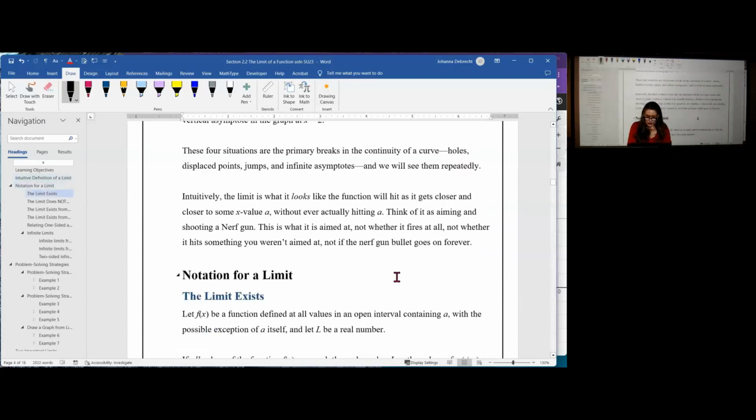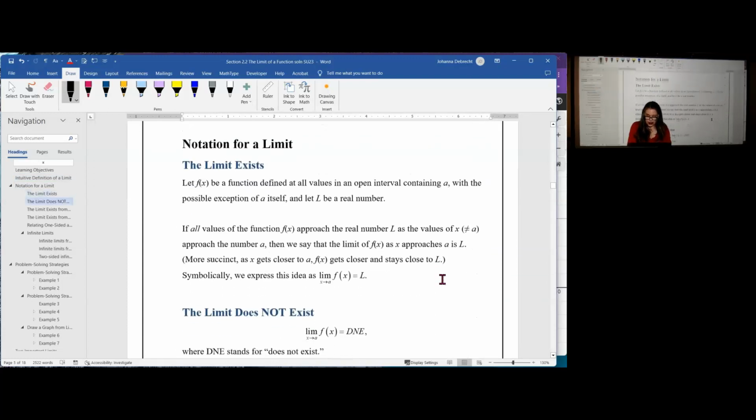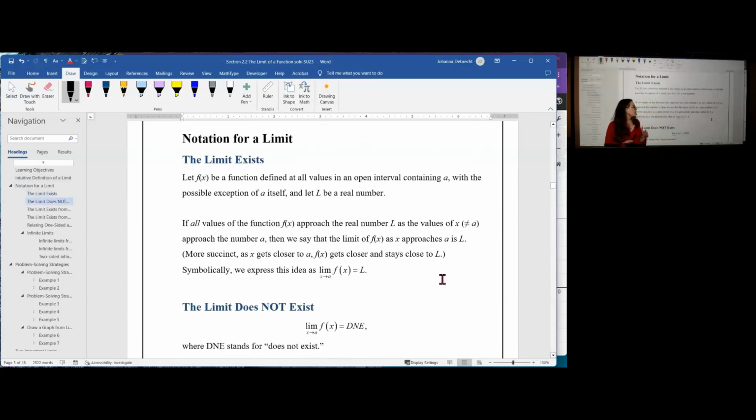Now let's go ahead and think about what we've learned. The limit is not what the function value truly is. The limit is what it looks like it's going to be. This is sort of like playing with a Nerf gun and aiming at one particular thing. The limit is what you're aimed at.